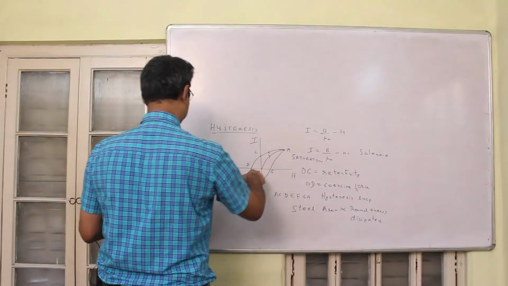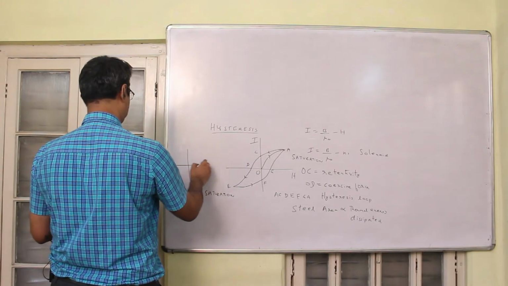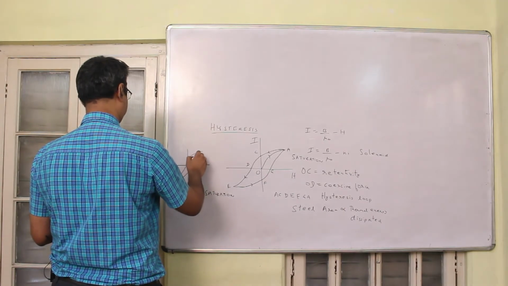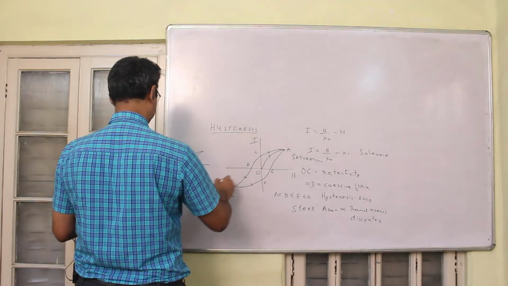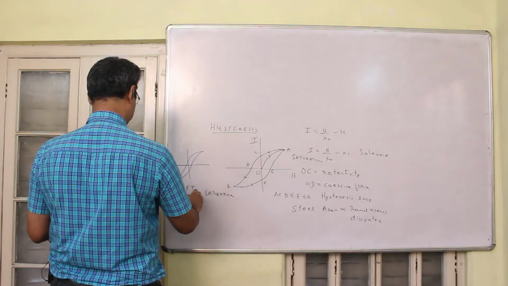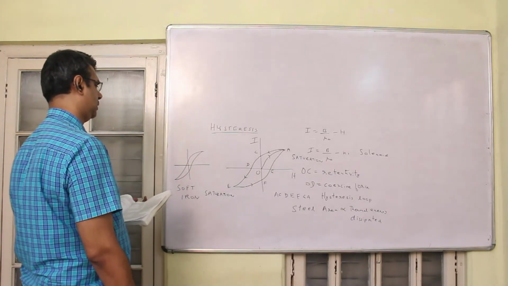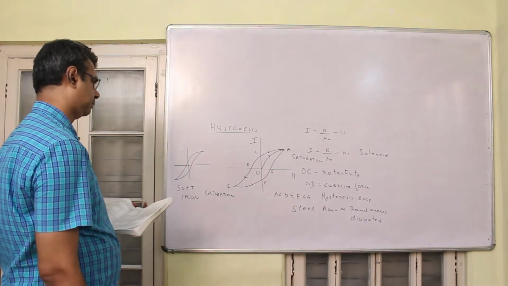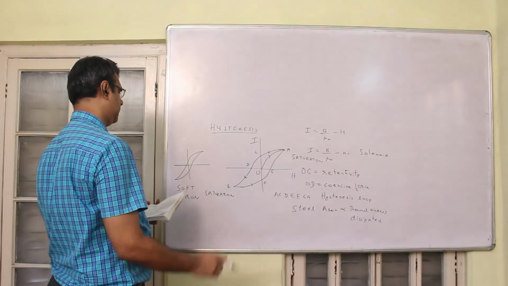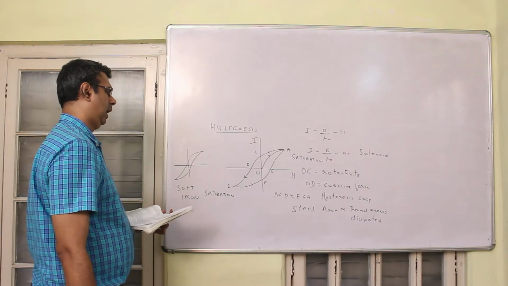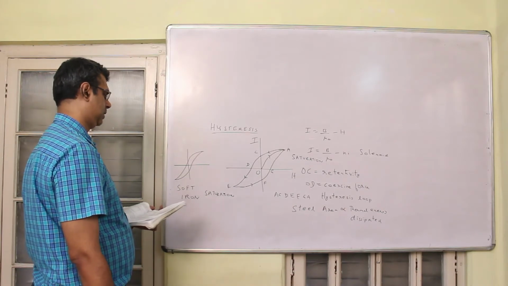So for steel, if the loop looks like this, let's say this is the graph for steel, then this will be the graph for soft iron. In case of soft iron, the thermal energy loss will be much less, because you can see that the retentivity and coercive force are much less.